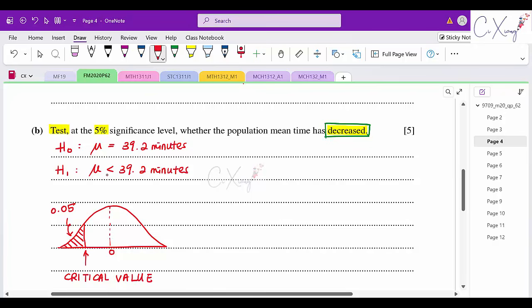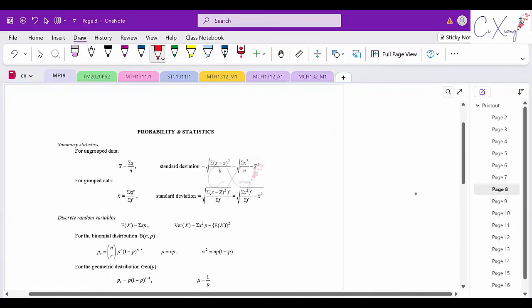Okay, so how to find the critical value? I need to find the Z in the normal distribution table in the reverse way. If I have a small area here of 0.05, then this white area, which is a large one, should be 0.95, because they are complementary and the total should equal 1. Then I go back to our table.